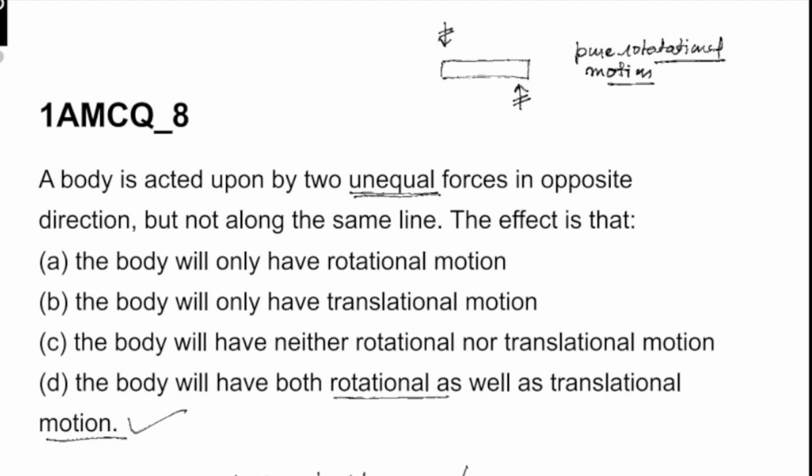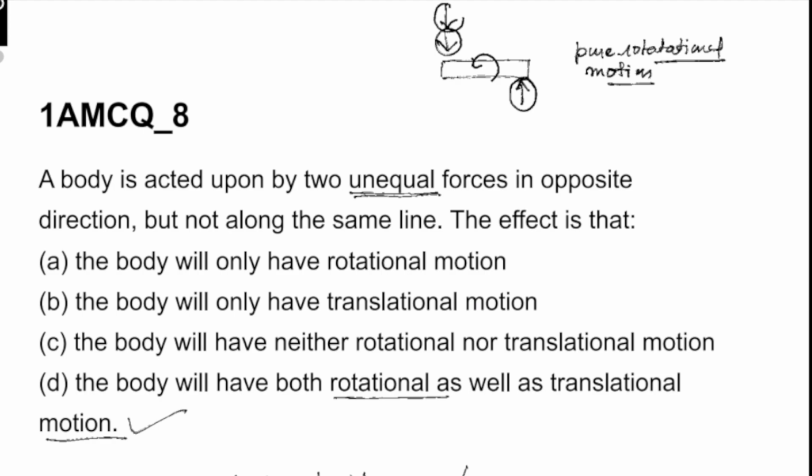But now what if, in this case, I provide different forces? Your friend has applied this much and you're applying more force on this side. So here are unequal forces in opposite directions, right? Now what will happen? You can think of it like this: one part of the force, this much, which is equal to this, will try to rotate it like this.